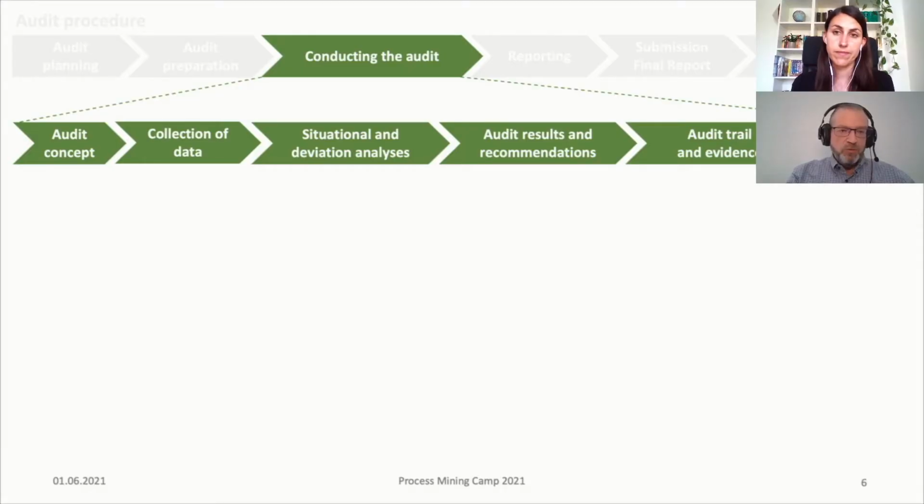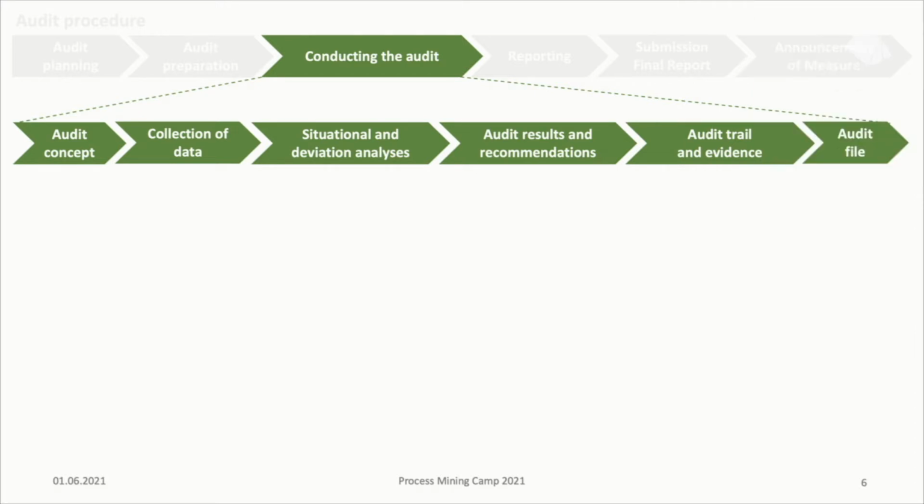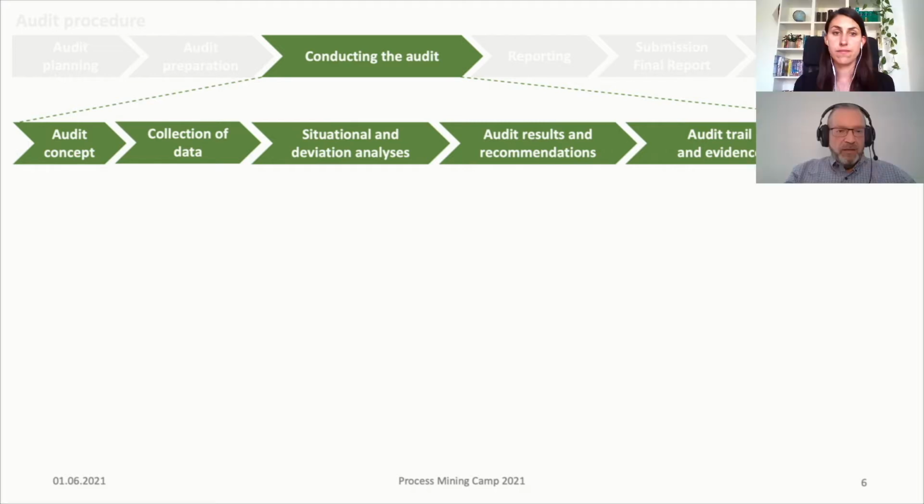The main part, conducting the audit, has several underlying key tasks to do. These key tasks are, for example, beginning with the audit concept, then the two parts, the collection of data and situational and deviation analysis, and going on with audit results, the audit trail and the audit file.